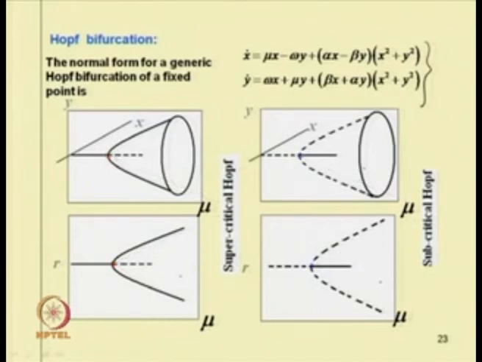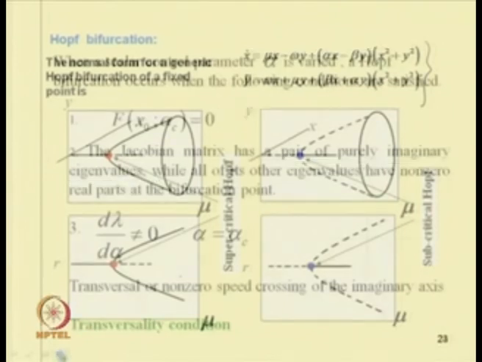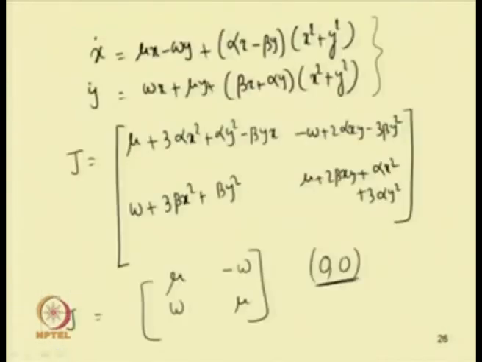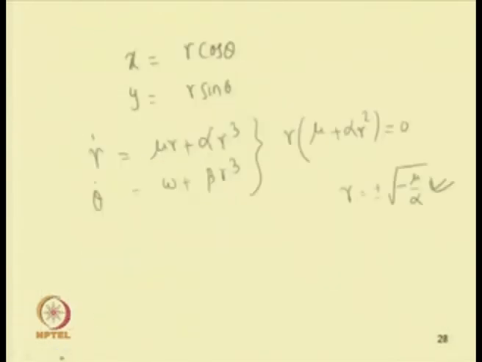In this case this is a supercritical Hopf bifurcation point, because from the periodic response one obtains another periodic response. So, this periodic response will have an amplitude of this non-trivial response, and a frequency of theta dot.